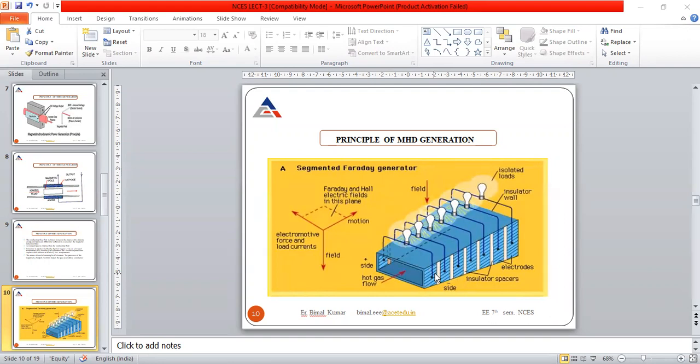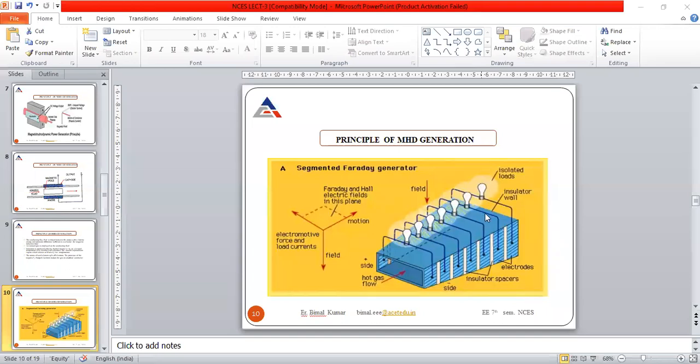Across each conductor, positive ions will be collected on one side and negative ions on the other side, and this will cause an EMF to be induced across them, and due to that, whatever load is connected here will simply glow.